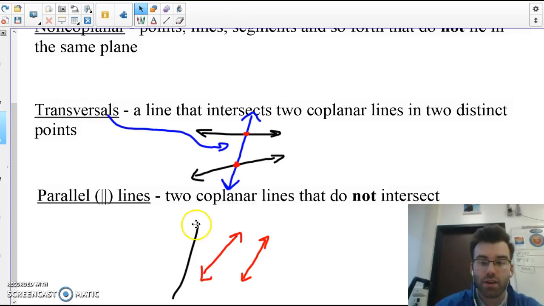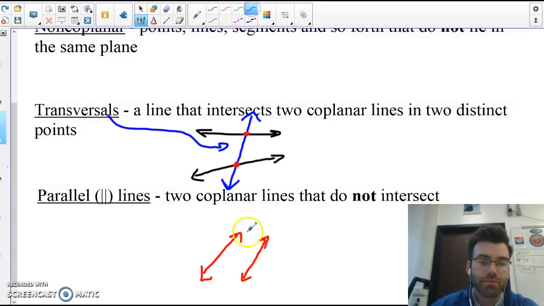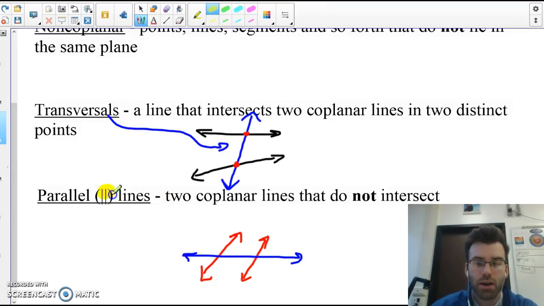If I forget about this plane, there are my 2 parallel lines. The transversal would hit both of those, so that would still be considered our transversal. And again, we label parallel lines with two vertical lines like that. Those lines are said to be parallel.